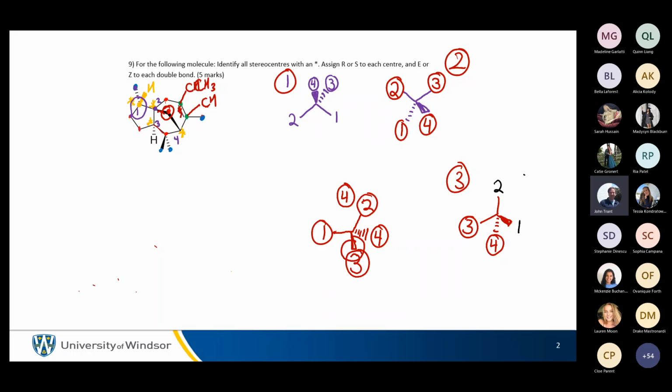Okay, so when you're assigning R and S, the only definition you need to remember is: put the number 4 group pointing back and away from you. Put 4 back and away.